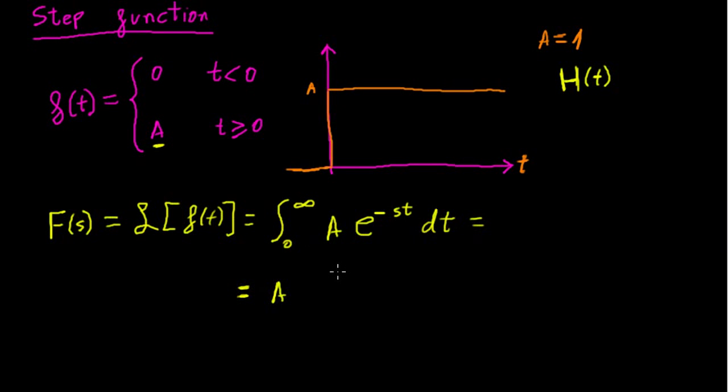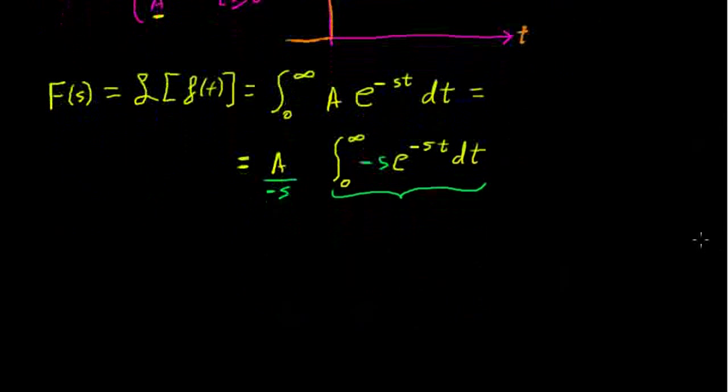A multiplied by the integral from 0 to infinity of e to the minus st dt. We need to multiply and divide everything by minus s. That's what we do. And here we have minus s, and here minus s, so that we have a direct integral here.